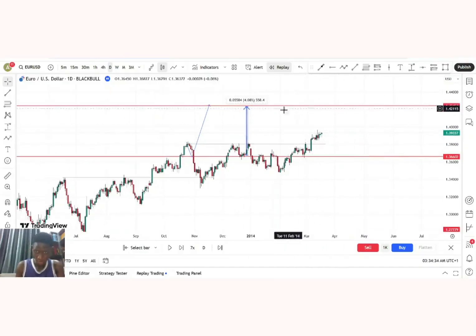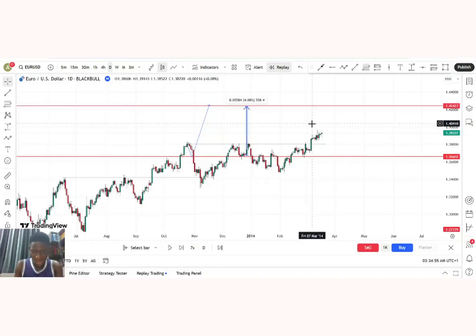But this video is about marking zones. You are trying to buy from a support and sell from a resistance zone. So take this as a note: you need to wait for the market to come to you.